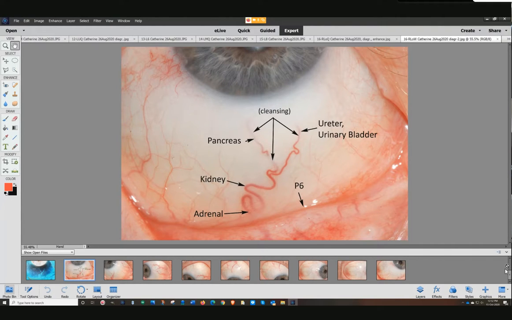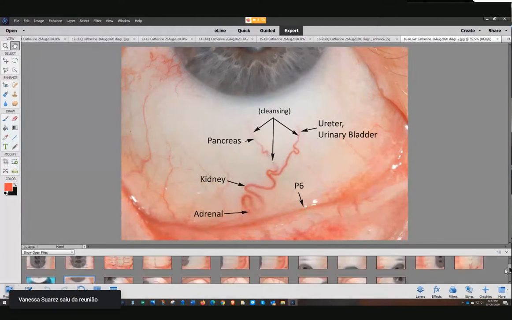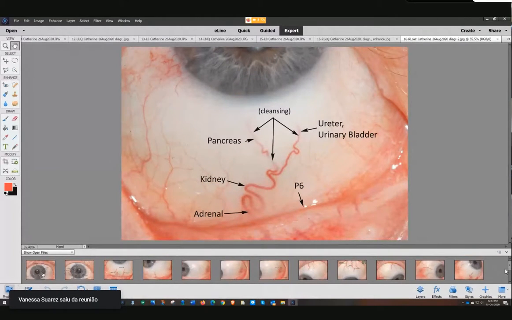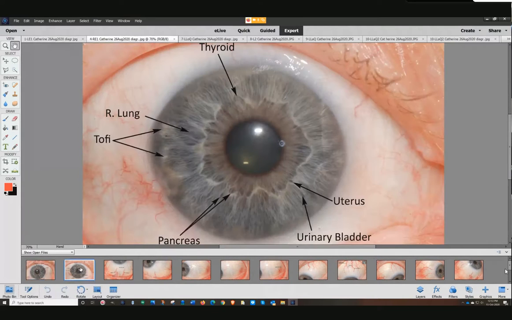We could say that because of the iris, because that's the area. If we look at both the irises, you see this introflexion of the reed?